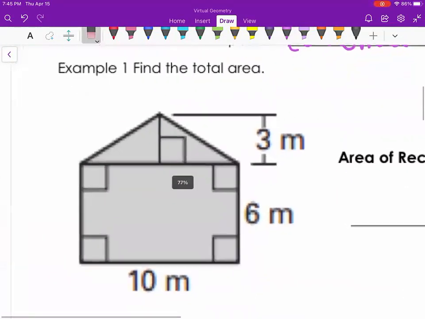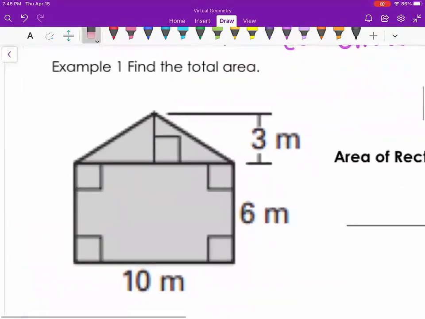Example 1, find the total area of this composite figure. So this is made up of more than one shape. All right, the whole entire outer edges here, there are 5 sides to this, but it is not a regular polygon, so I can't do an apothem. That's where the composite figure idea comes in.